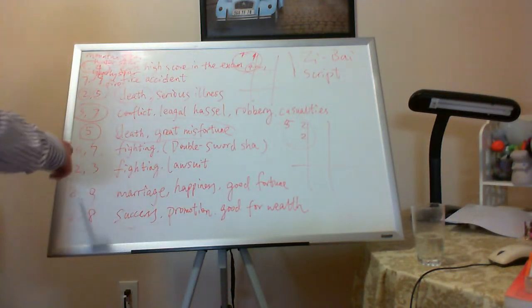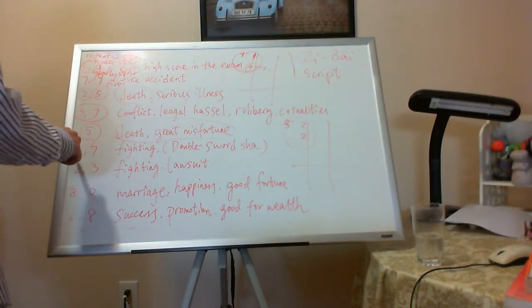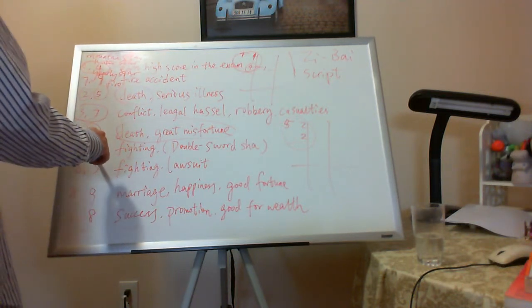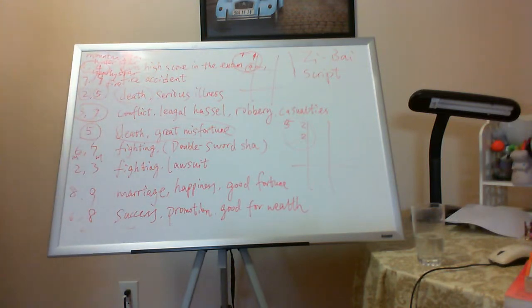And okay, 6 and 7, the combination of 6 and 7 represents fighting. It's because 6 is metal element, 7 is metal element. Because metal and metal should help each other, right?